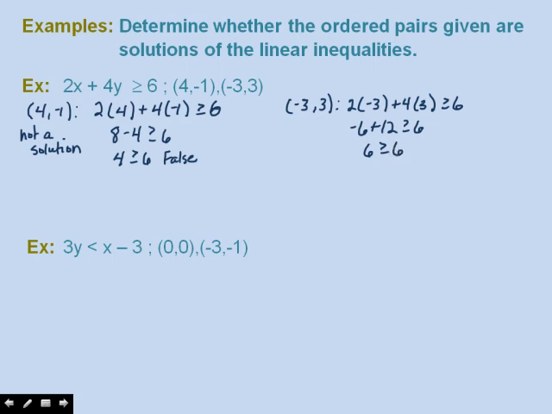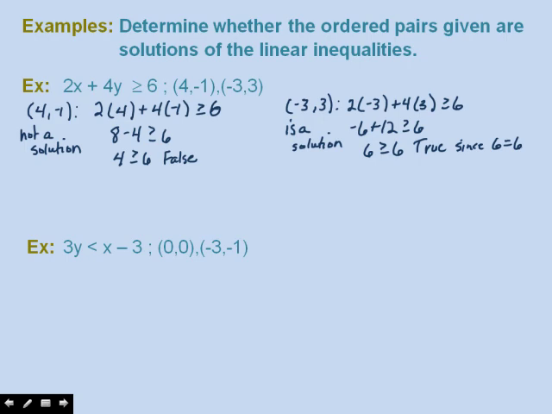This one is true because the equal is included here, and 6 is equal to 6. So in this inequality, if we only had a greater than and not a greater than or equal to, then this would be false. But since we do have the equal to, it's true, and that means that this one is a solution.